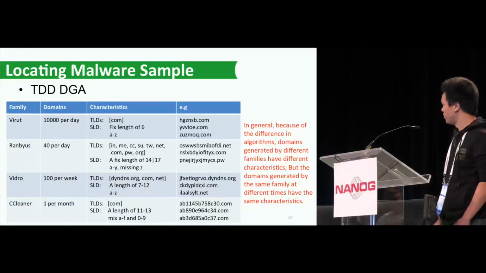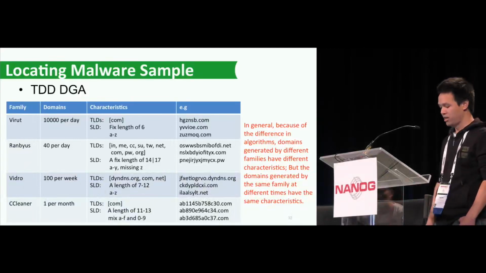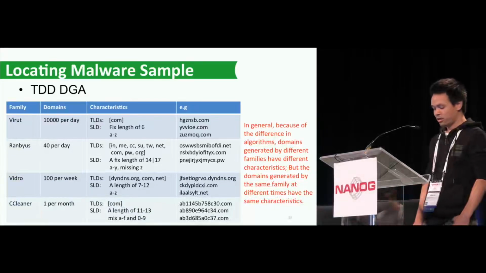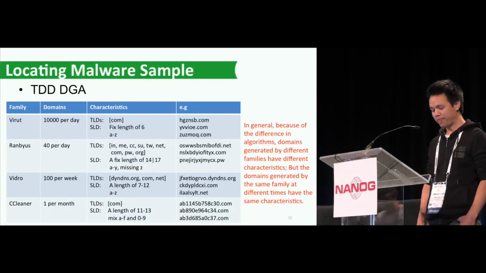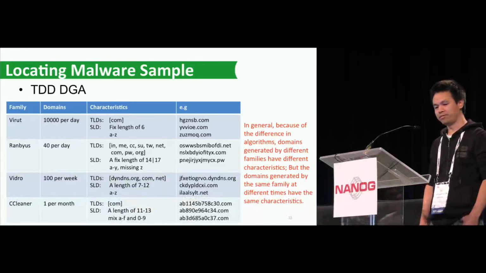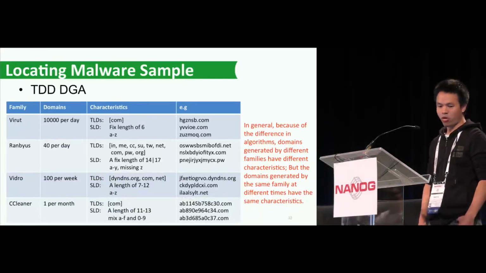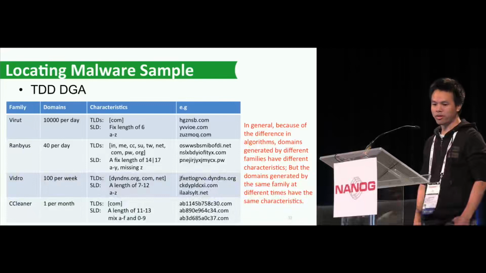Let's take a look at this table. The first one generates 10,000 domains per day. TLD is always .com, and SLD is a fixed length of 6 letters, always from A to Z. The last one only generates 1 domain per month.